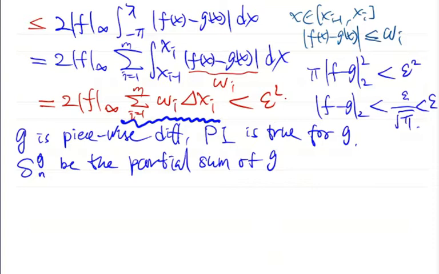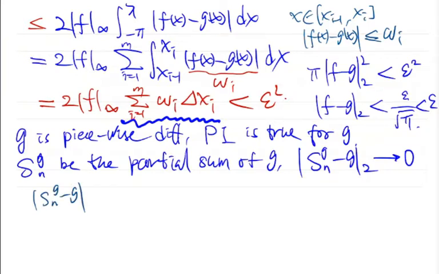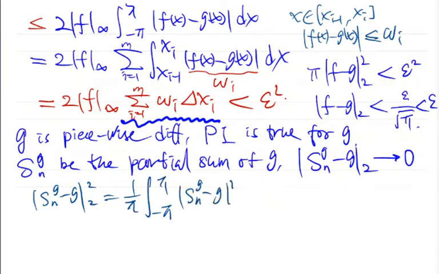We know that the Parseval identity means the L2 norm of S_n g − g goes to 0. Why does this go to 0? Because recall that the square of the L2 norm, the L2 norm squared of S_n g − g, is the integral from −π to π of (S_n g − g)².